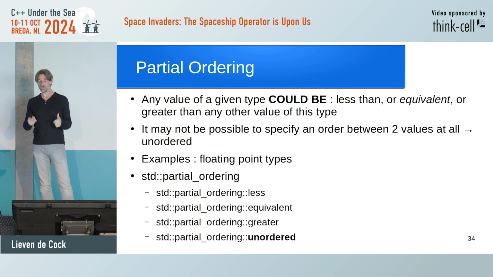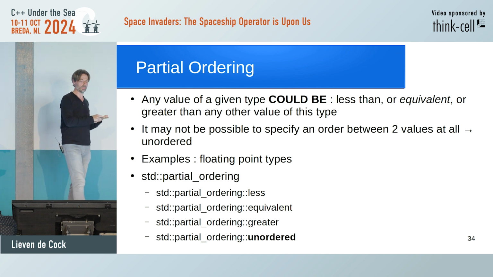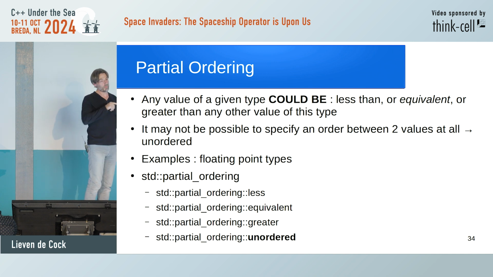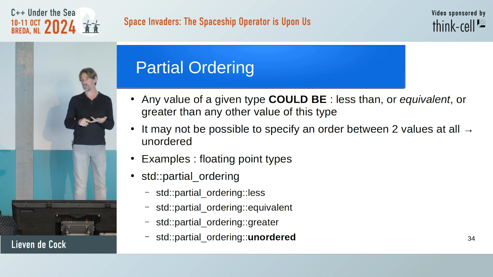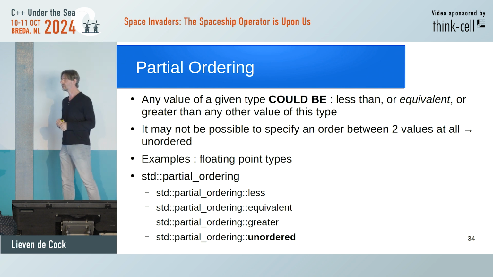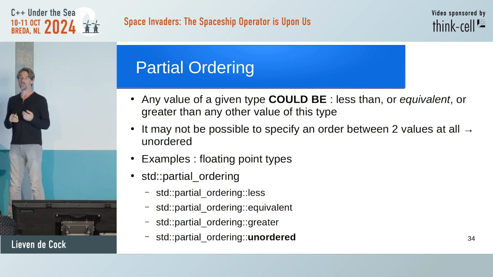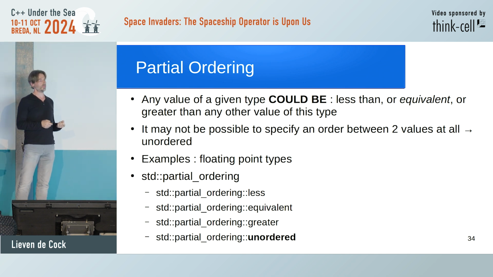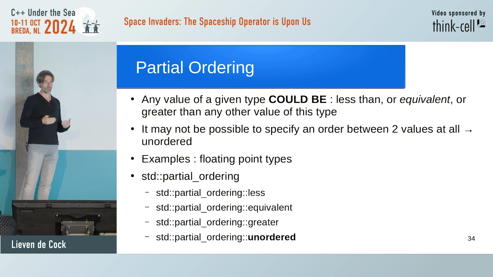It has 4 values: less, equivalent, and greater, as we also saw in weak, but there is a 4th one, unordered. So we have 3 different types for the return value of the spaceship operator, depending on what kind of ordering the type on which you create that spaceship operator can do.